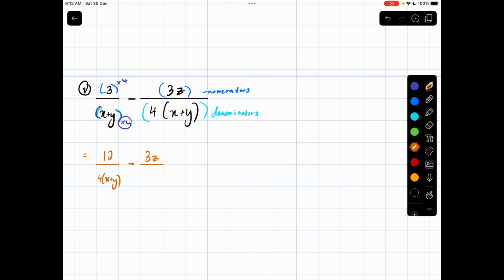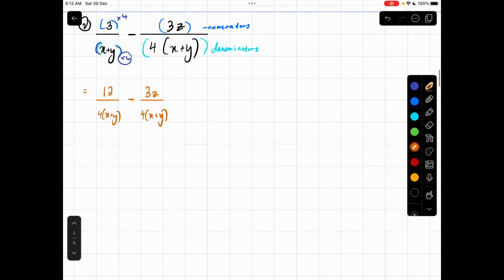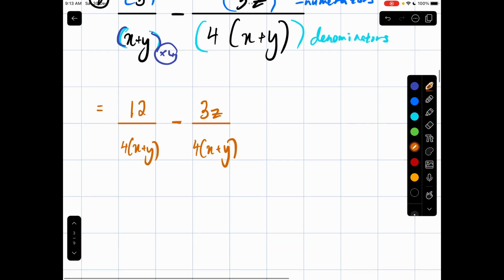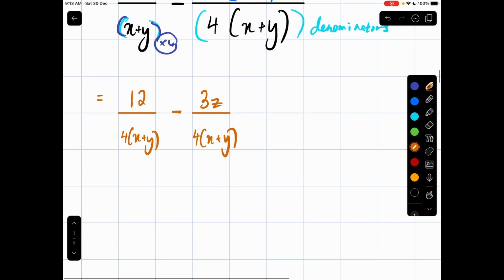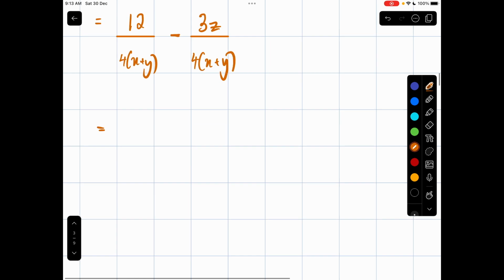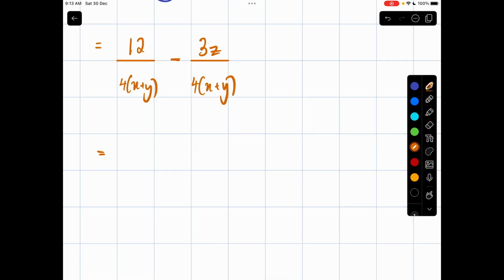And then 3z, and then down there you'll still have 4 times x plus y. So now as you can see, the denominators are the same. So when the denominators are the same, it's possible to write them as one singular fraction. So we'll have 12 minus 3z over 4 times x plus y.